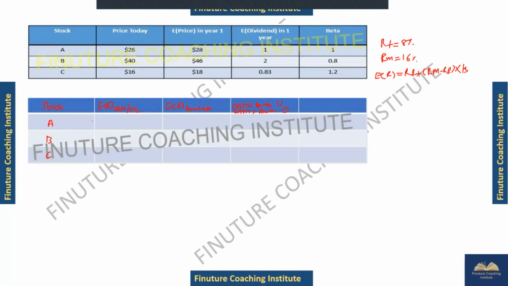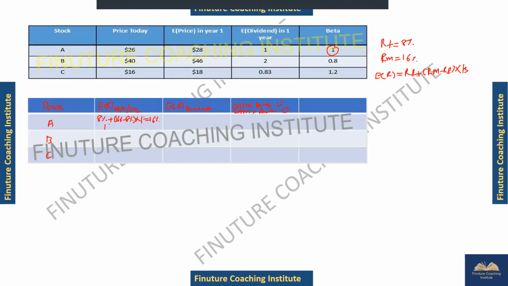So your RF was 8% plus 16%, my market return, less 8%, times the beta of the stock that we have been given. This is pretty straightforward. 8% minus 8% will get cancelled and this would give 16%.